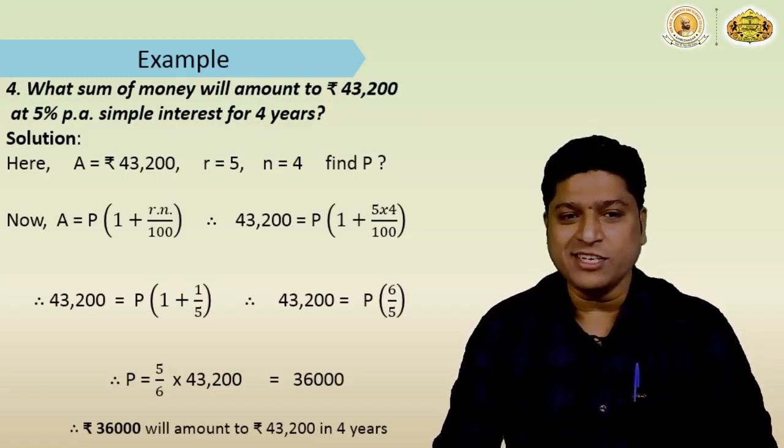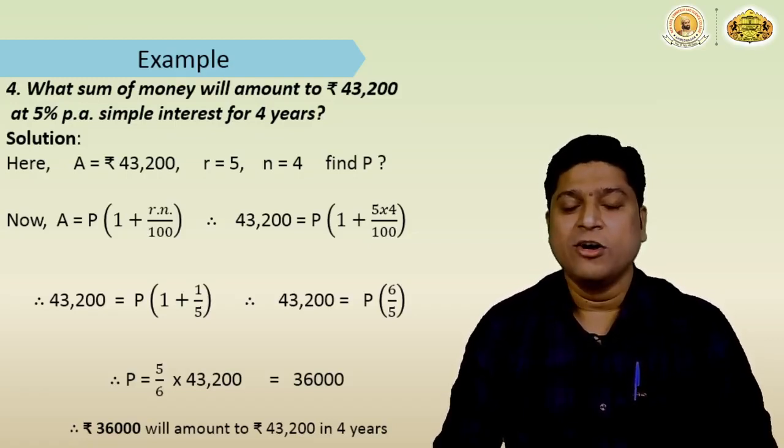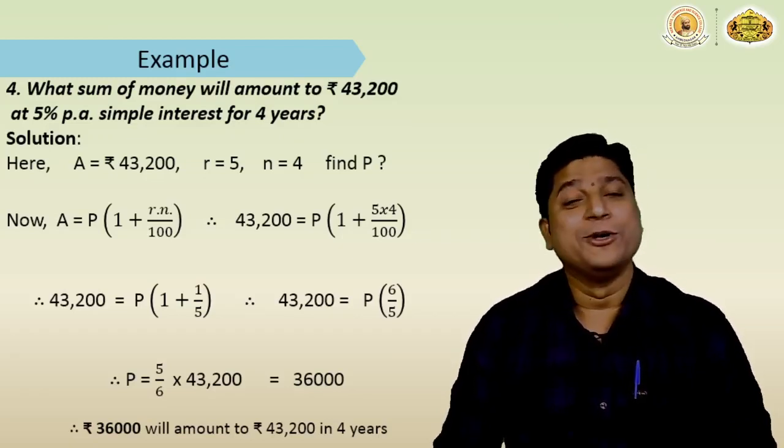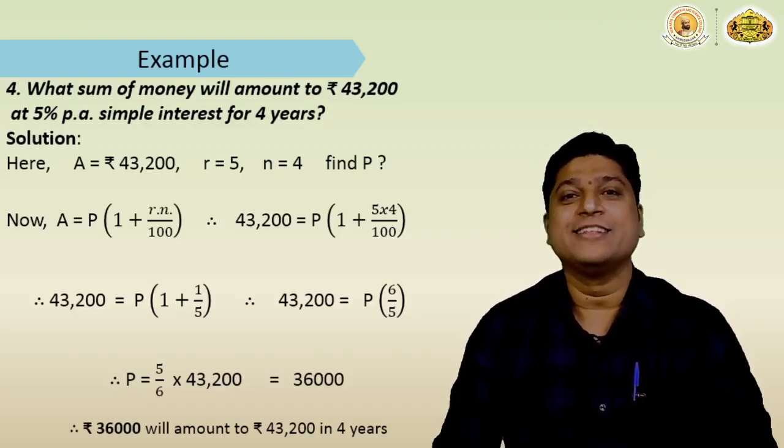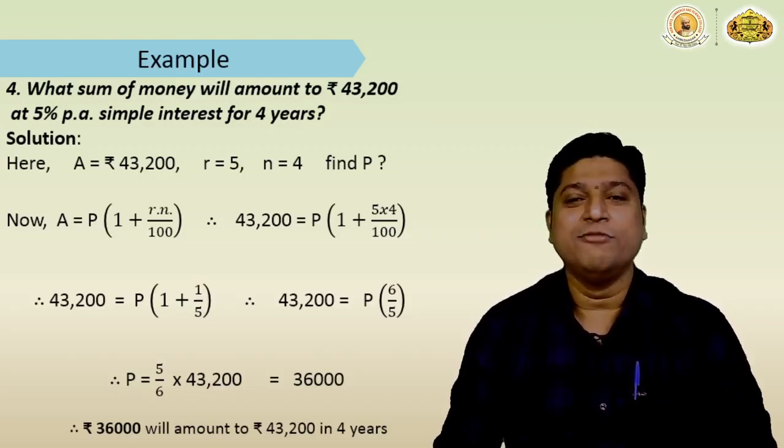If you invest 36,000, or if you borrow 36,000 at a 5% rate of interest for 4 years, you will have to return 43,200. This is what we have to study today in the topic of simple interest.